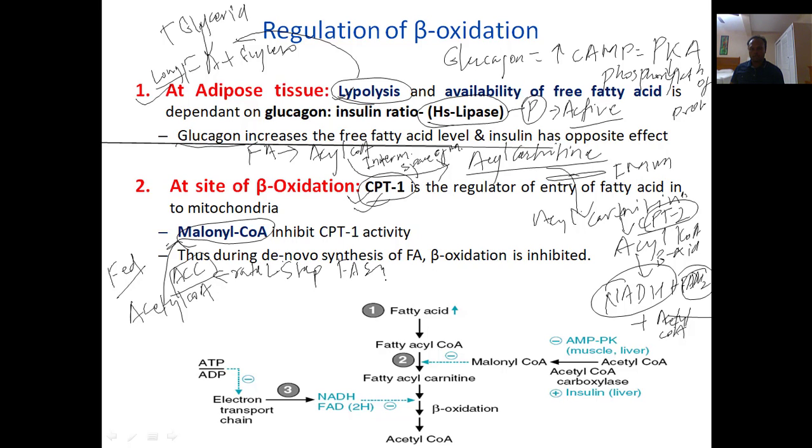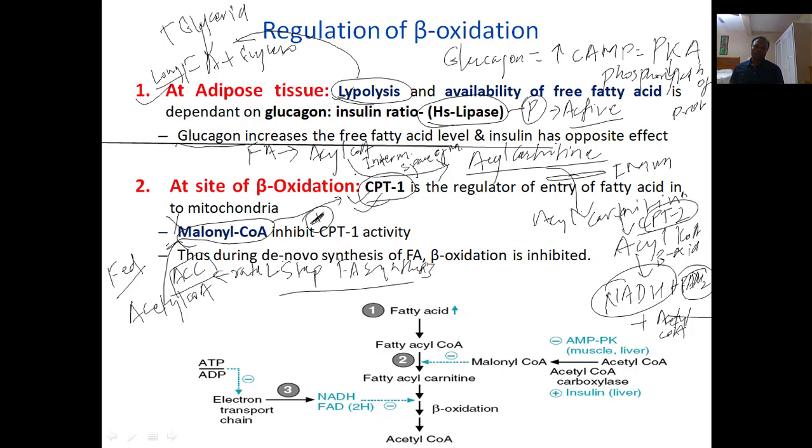This molecule inhibits CPT1 during fatty acid synthesis, so that fatty acid synthesis and beta oxidation will not happen together. But during fasting condition, this molecule is not there, so CPT1 is free to perform its reaction.